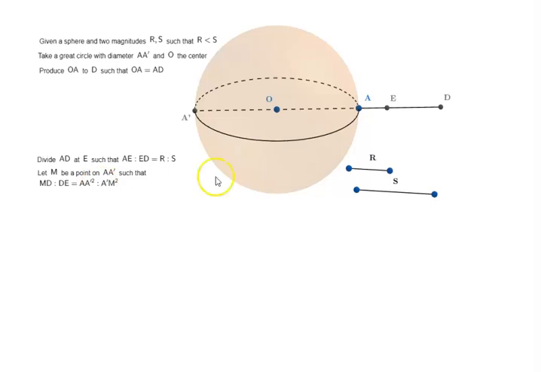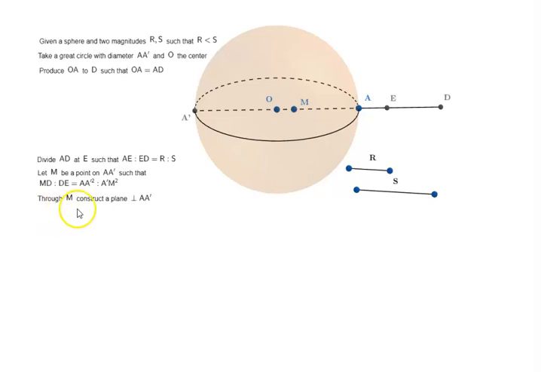Let M be a point on AA prime such that MD is to DE is equal to AA prime square is to A prime M square. We'll come back to this particular step later, because there's a story behind it.